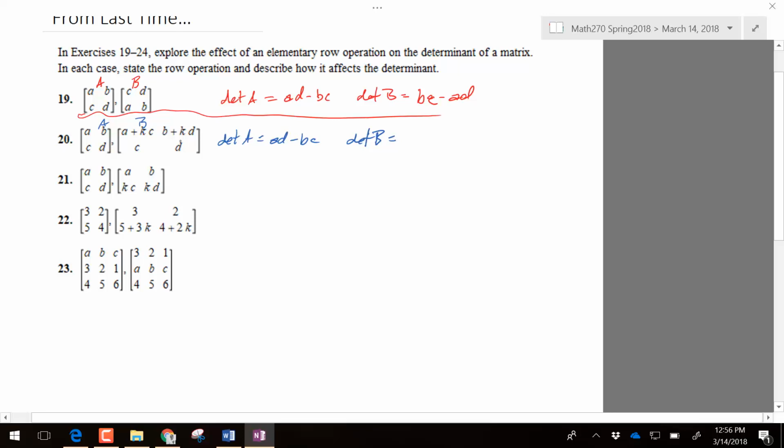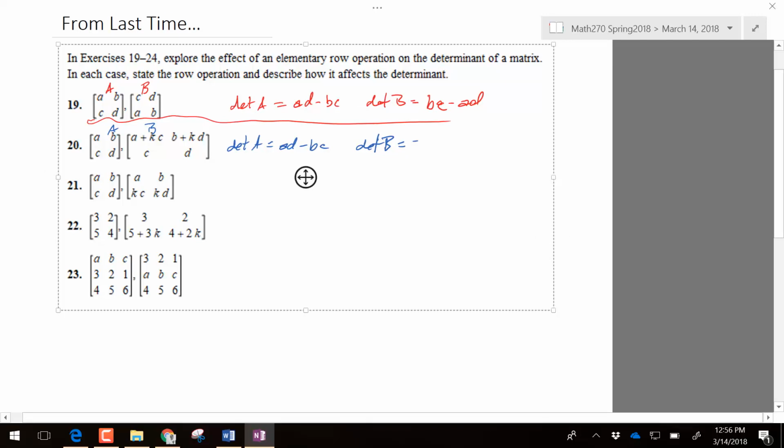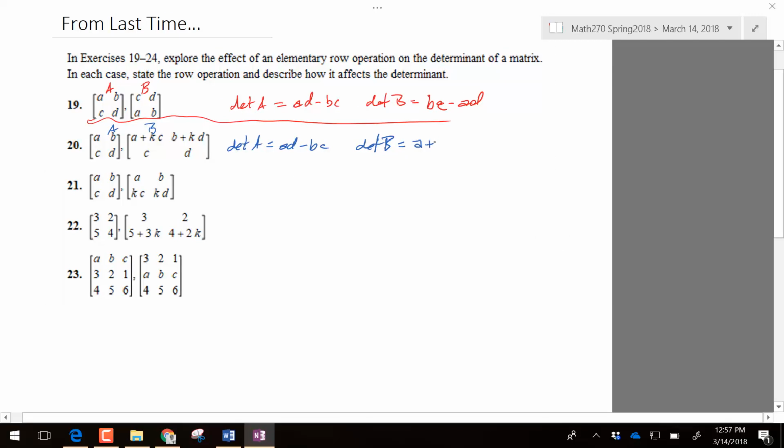It's A plus KC times D minus C times B plus KD. Can we simplify this? Of course we can. AD plus KCD minus BC minus KCD. What happened? AD minus BC.